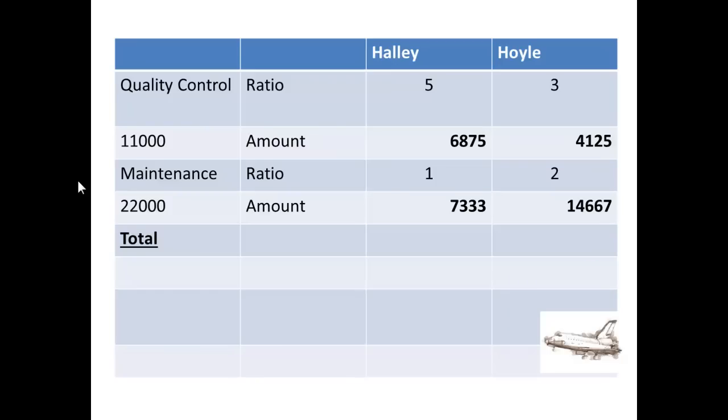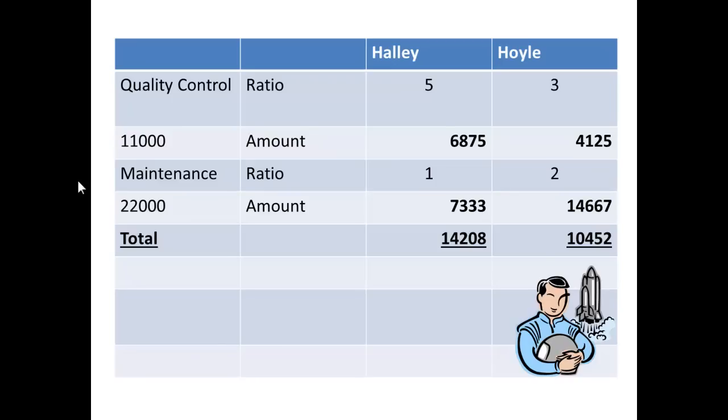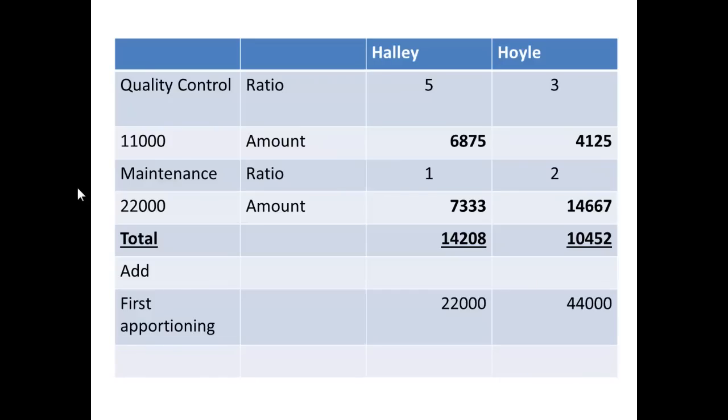So I allocate that, and I have 6,875 for quality control to Halley, 4,125 quality control to Hoyle, and for the maintenance 7,333 for the Halley, 14,667 for the Hoyle. So if I total those, I've allocated now 14,208 to Halley, 18,792 for Hoyle. That's my reapportioning.